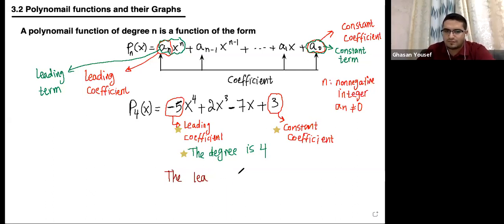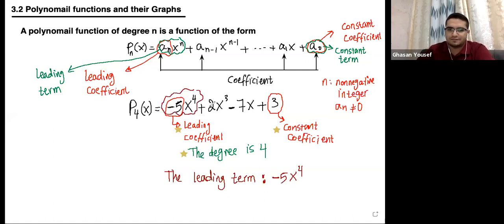So the leading term is minus 5 x to the power 4. This is the leading term, all of this.